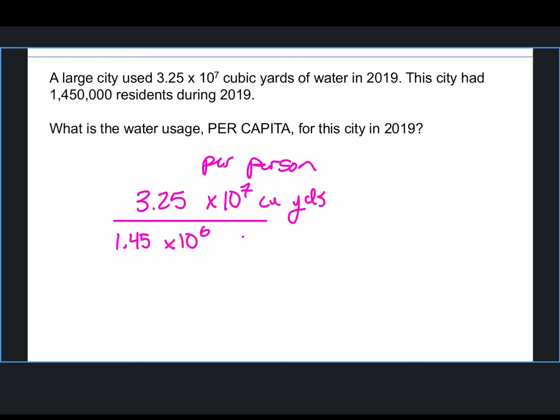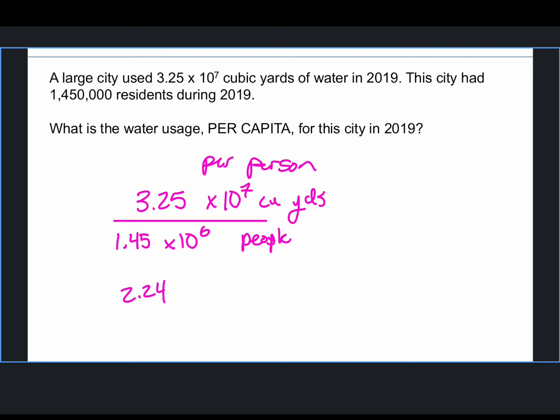This is in people. So how do we do this? Well, what's 3.25 divided by 1.45? It's 2.24. Okay. Well, that's good news.